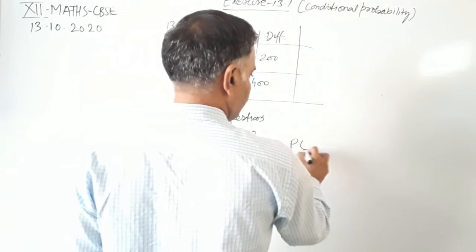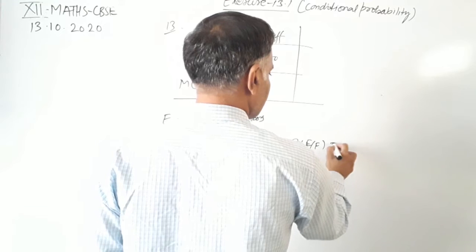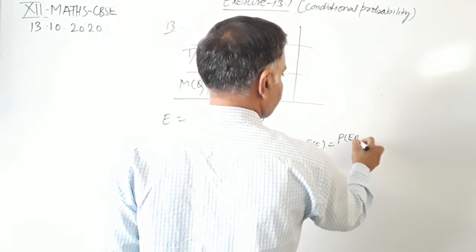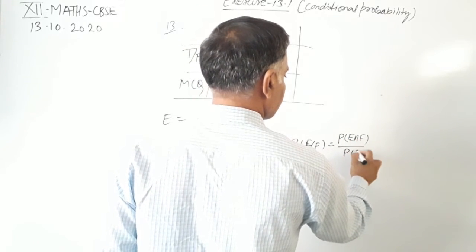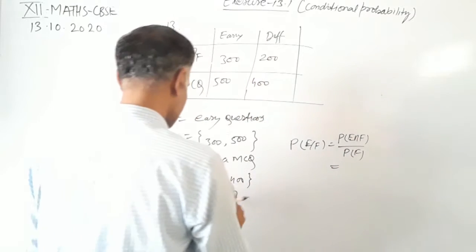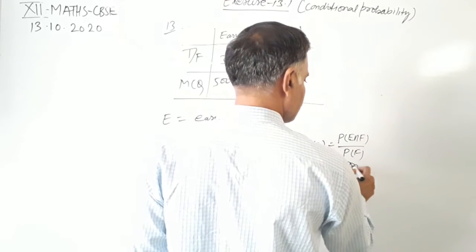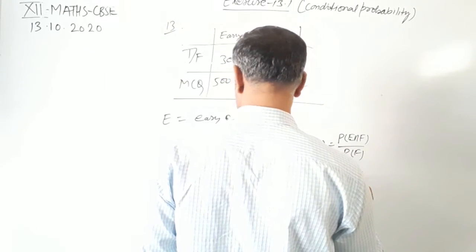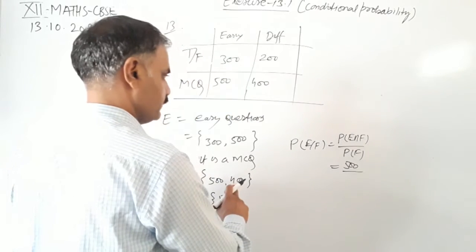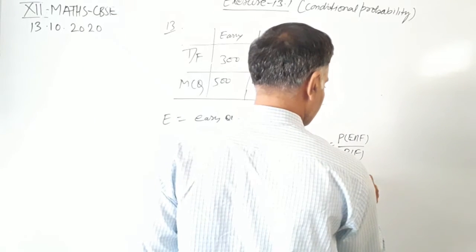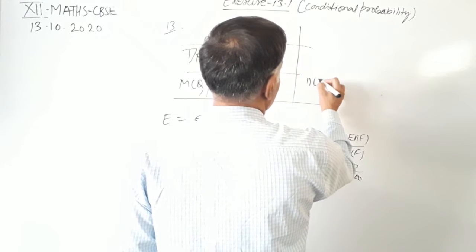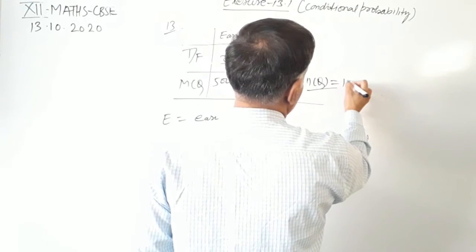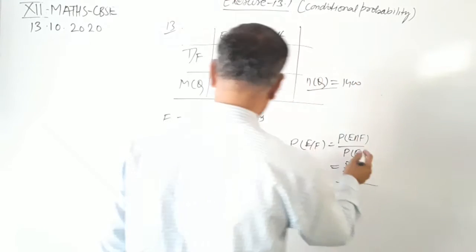So P(E|F) equals P(E intersection F) upon P(F). P(E intersection F) is 500 upon 1400, as the total number of questions is 1400.